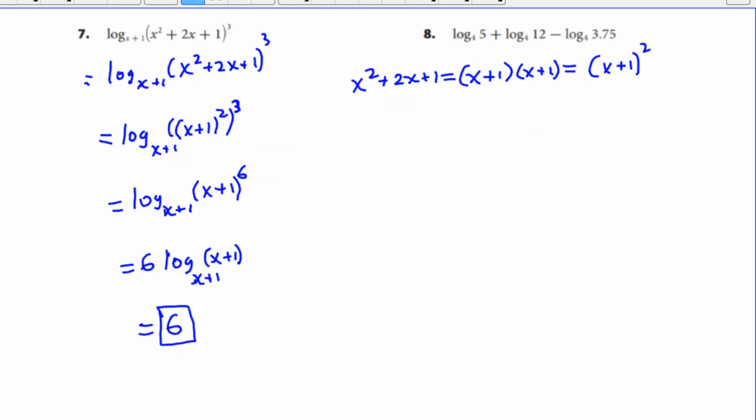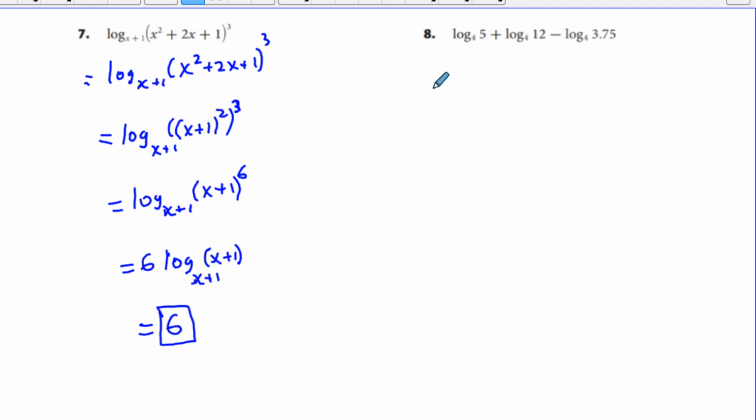Okay, now we go to number 8. I'm going to erase this. We have log base 4 of 5 plus log base 4 of 12 minus log base 4 of 3.75. So we have the product and quotient property of logarithms here.